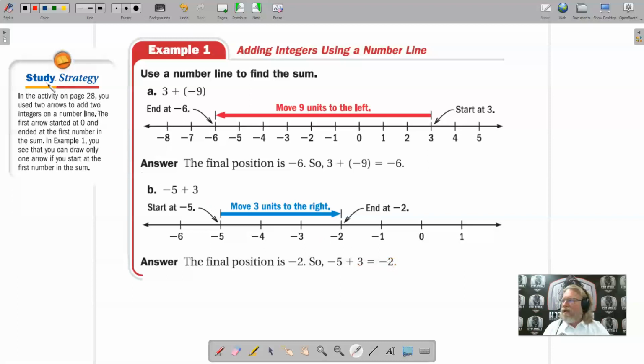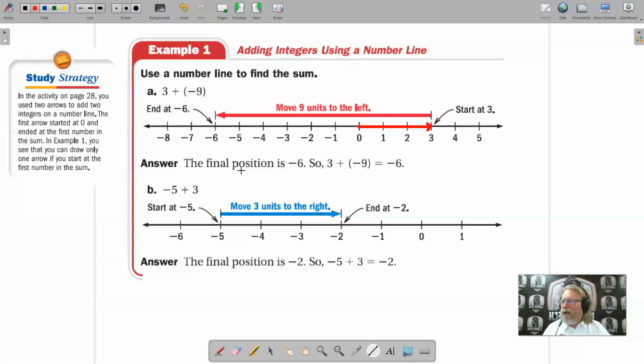Now in the study strategy over here, it says in the activity on page 28, I believe that was an earlier activity, you use 2 arrows to add 2 integers on a number line. The first arrow started at 0 and ended at the first number of the sum. So what they're saying is, if this was 3 plus -9, they were using 1 arrow to get to 3, and then the second number was to go back.